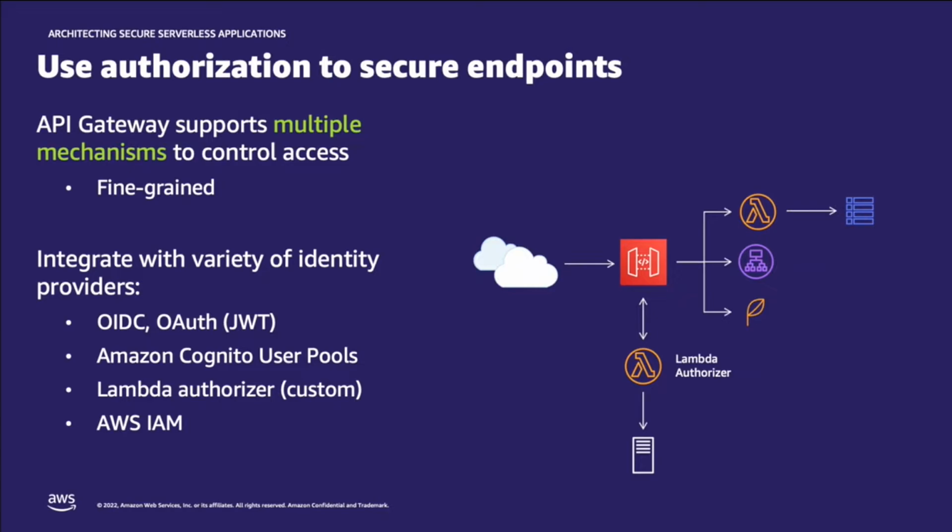So these are pretty much the things you need to consider when you are designing. And of course, API gateway and the out-of-the-box integration with these identity providers are key to remember.